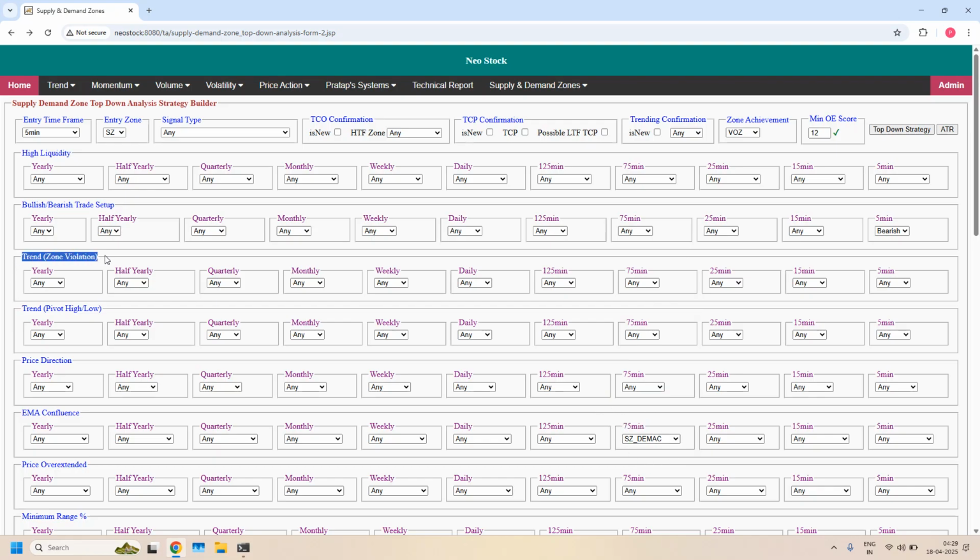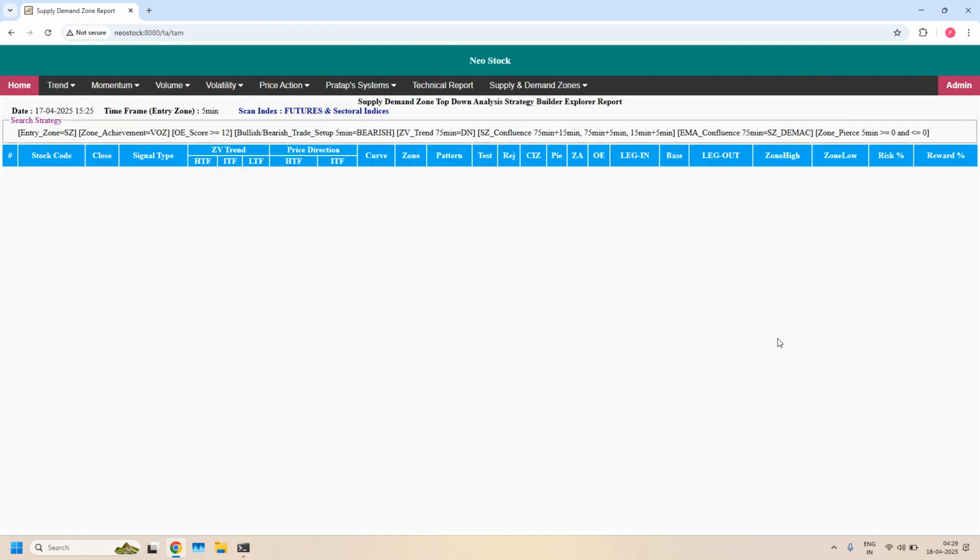At the same time, trend on the 75 minute supply zone should not be sideways. It should be downtrend because it is bearish trade setup. With this filter, we did not get any stocks. So this is about bearish trade setup for hourly income trade.